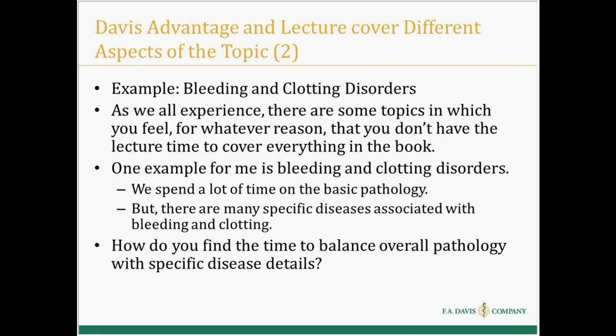And so what I end up doing is spending a lot of time on the basic pathology, how these states, a bleeding disorder, a clotting disorder, will present, or any of the hematologic disorders. What's the underlying basic pathophysiology and how that will present in signs and symptoms and clinical presentation. But there are really many specific diseases associated with bleeding or, for example, clotting disorders or any of the hematological disorders. So how do you find that balance?